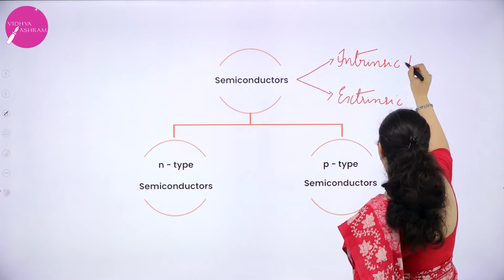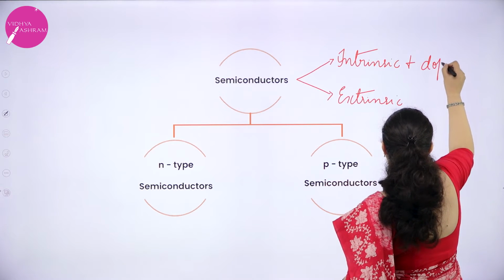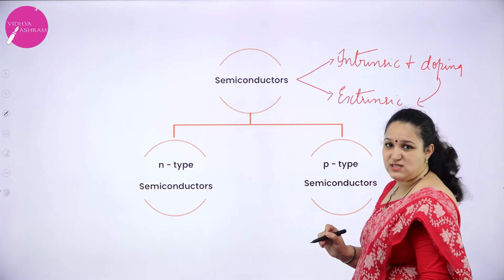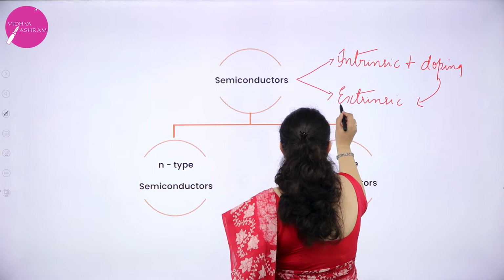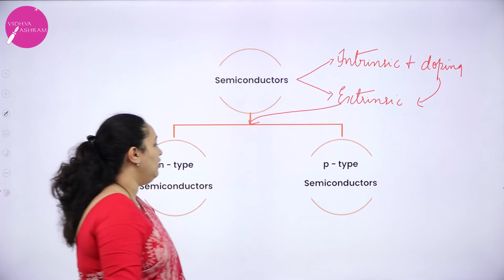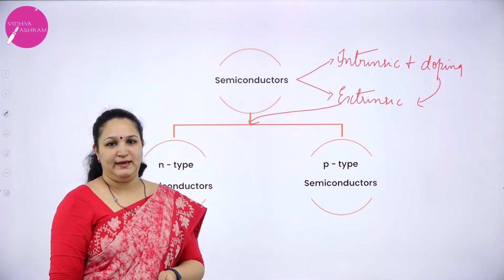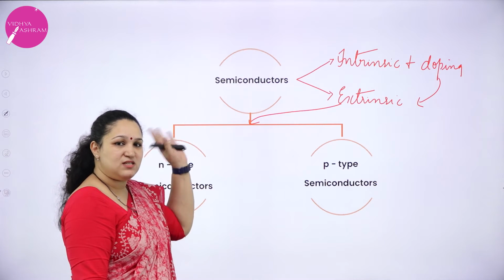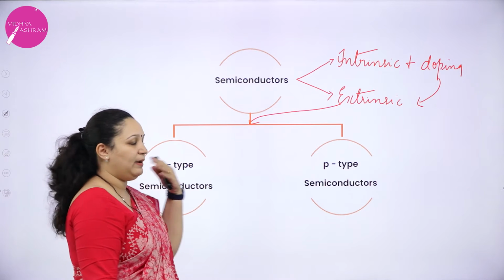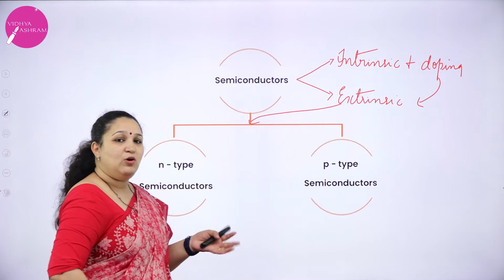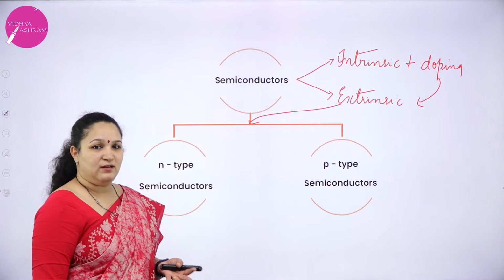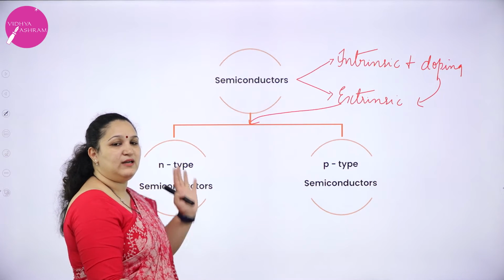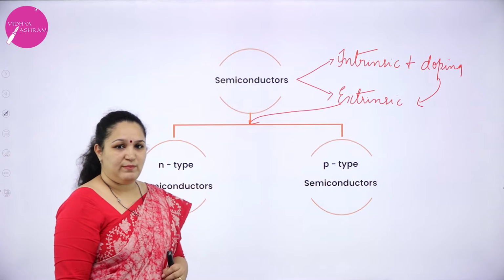If I do doping on intrinsic, then I will get an extrinsic semiconductor. Extrinsic semiconductors are of two types, N type and P type. In your syllabus they have directly given that extrinsic semiconductors are of two types, N type and P type. Based on the impurity I add, I can tell whether it is an N type or P type semiconductor.